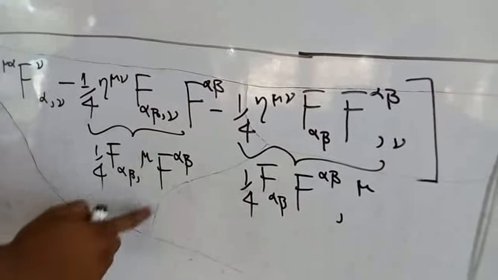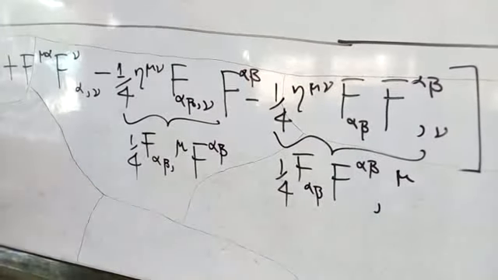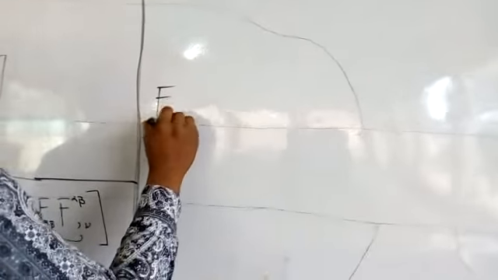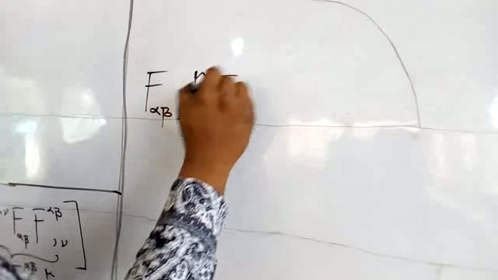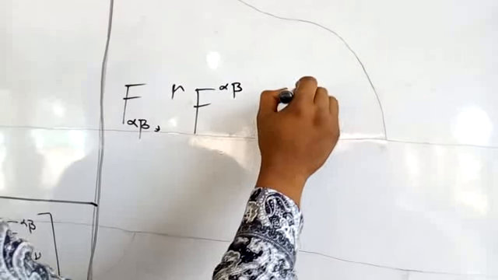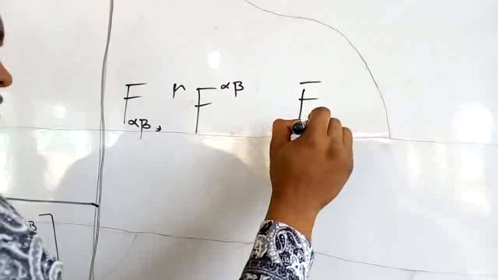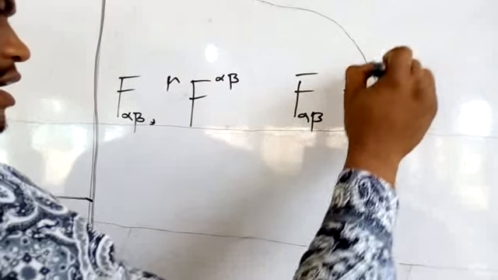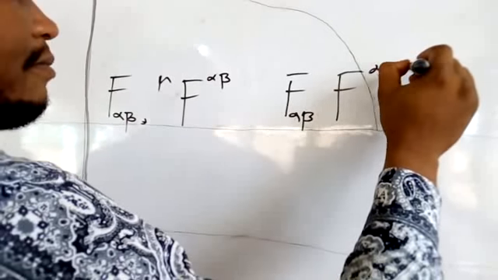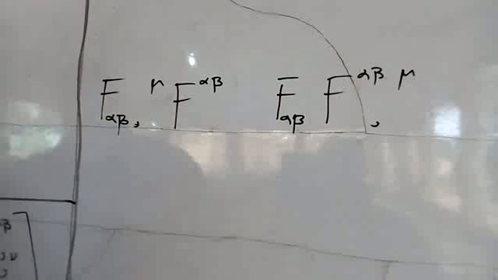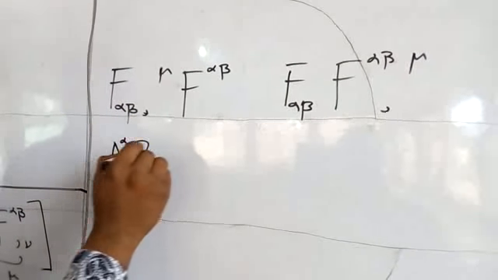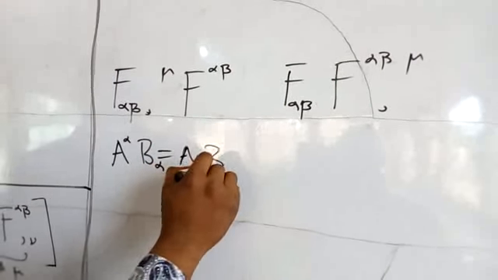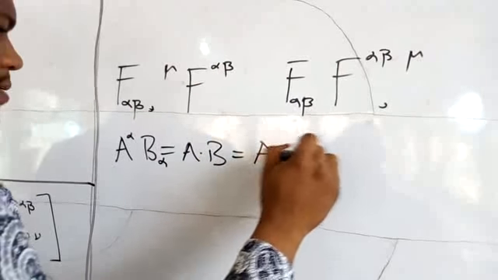Now, take a very close look at these two factors or terms. So let's just talk about them here for a while. Alpha beta, comma mu on top, and here alpha beta, and then we have another one, alpha beta comma, and then a mu here, dispensing with the 1 over 4 for now. First of all, a very simple case is a alpha, b alpha. This is a dot product between a and b. This might as well be written as a alpha, b alpha.